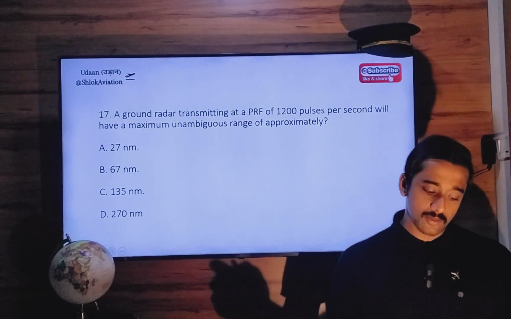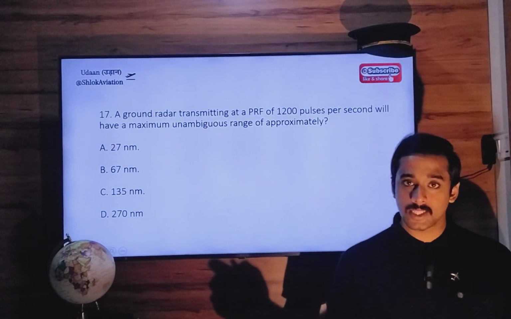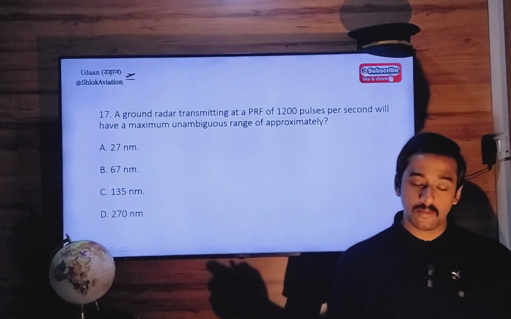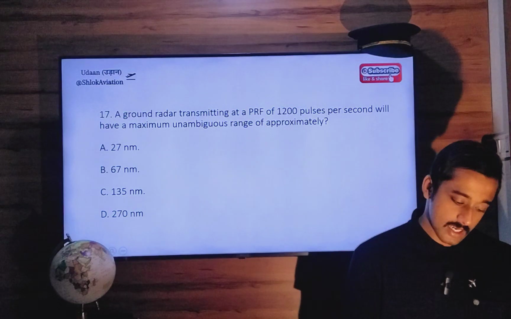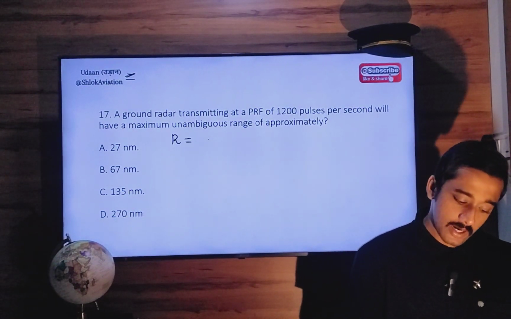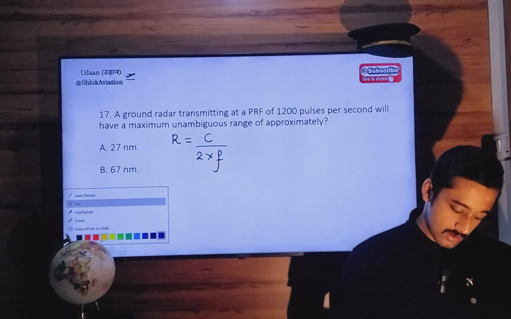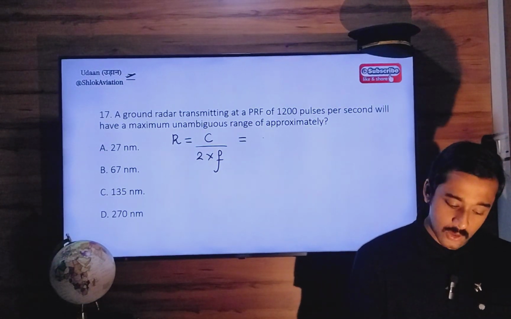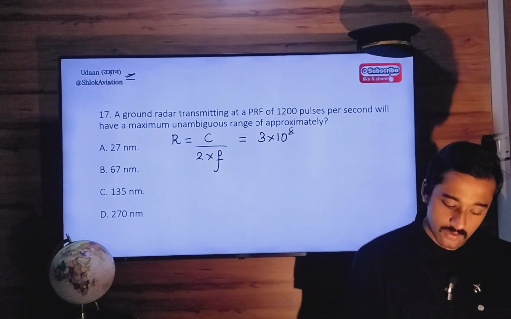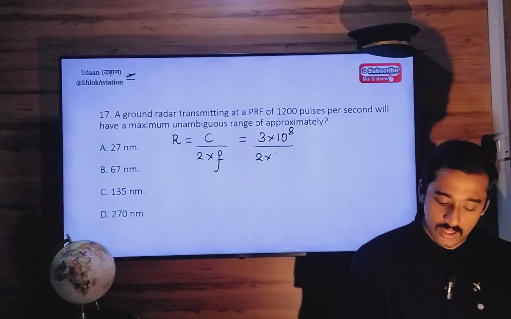A ground radar transmitting at PRF 1200 pulses per second will have a maximum unambiguous range of how much? Range is equal to speed of light divided by 2 into frequency. So range will be equal to 3 into 10 raised to 8 meters per second divided by 2 into 1200.